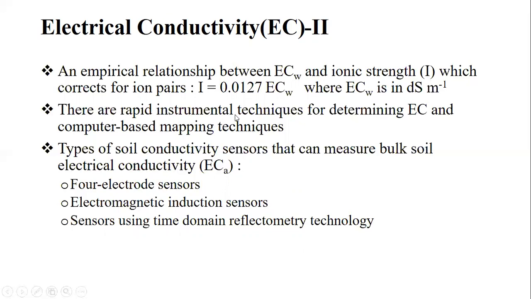There are rapid instrumental techniques for determining EC and computer-based mapping techniques. Remember, these are what I told you. You can measure the salinity in the field. This is good for monitoring. If they want to keep up with the salinity, they are doing some treatment, they are leaching salts, and you want to keep up with all these salts, what's happening?